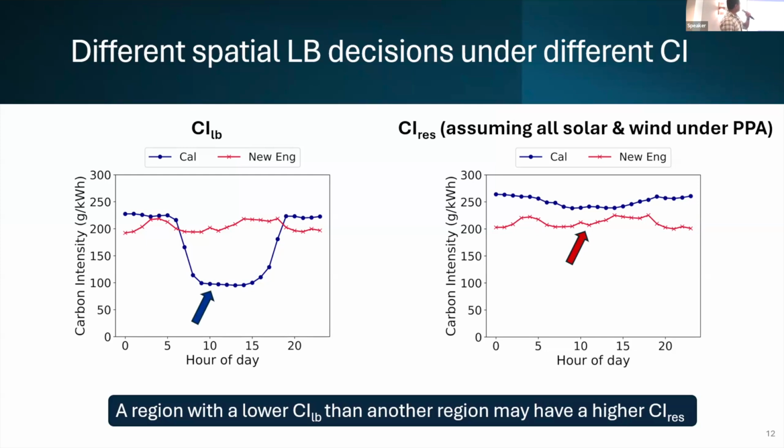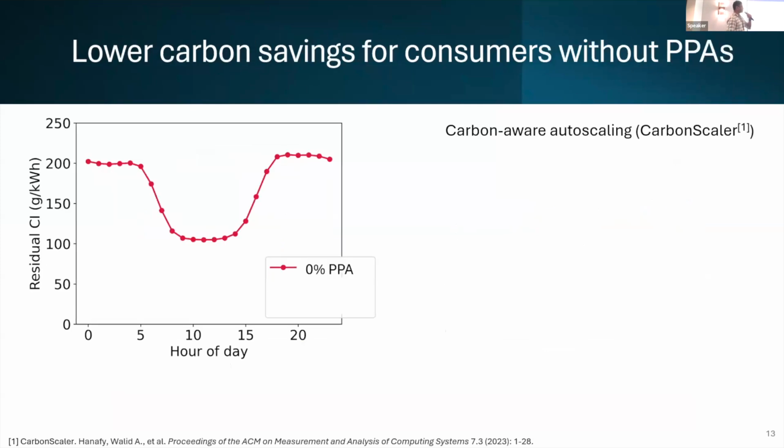And so now that we have assumed that CIRES information is available in real time, we analyze and quantify how much carbon reduction consumers without PPAs would get if they used CIRES to optimize as well as evaluate their carbon reductions. We again go back to the example of carbon aware auto scaling in California. On the left, we see the carbon intensity if no solar and wind is under contract.